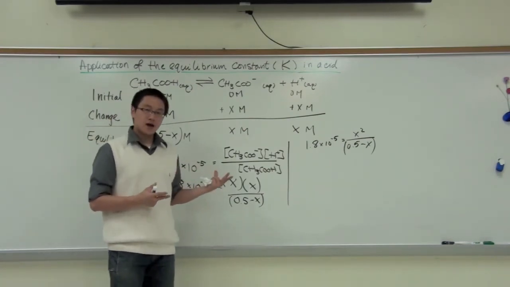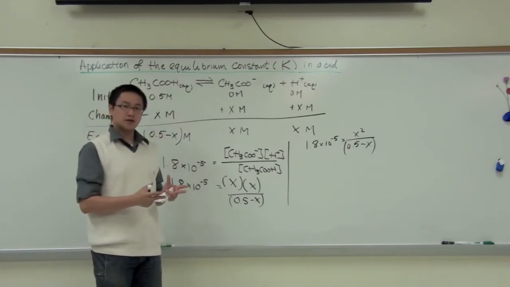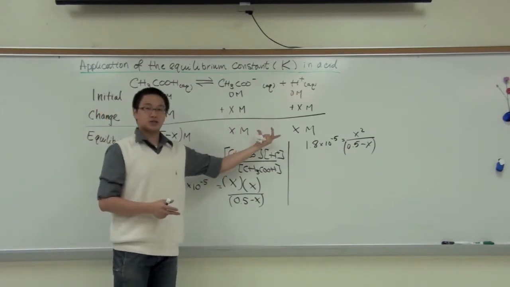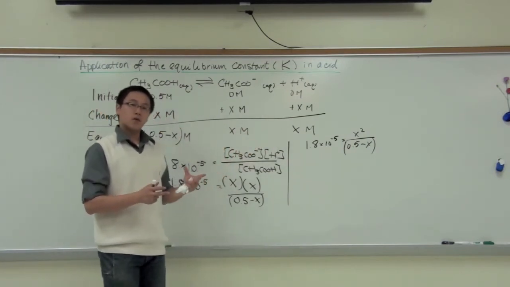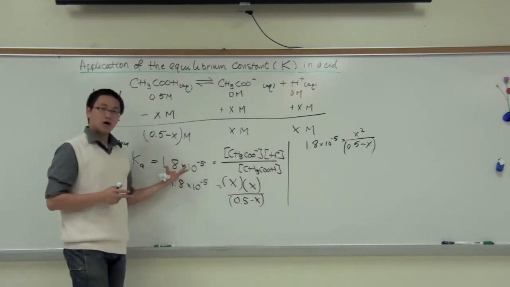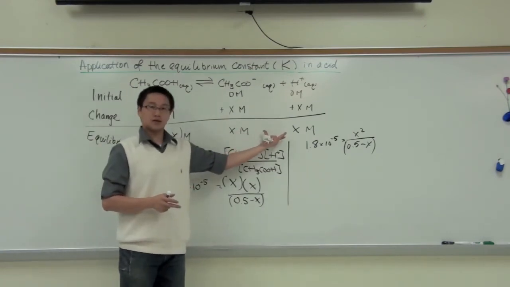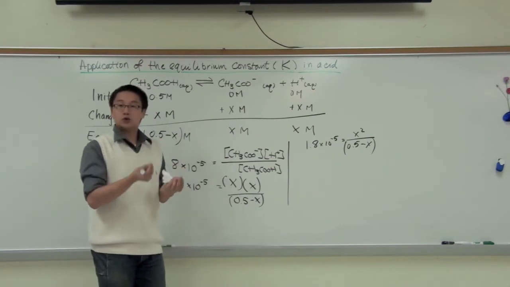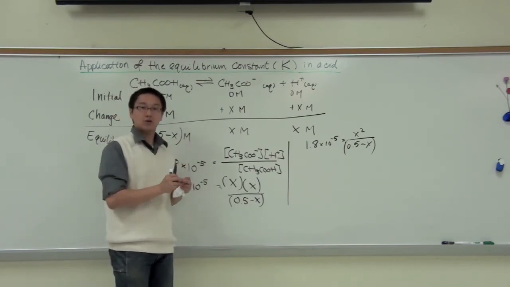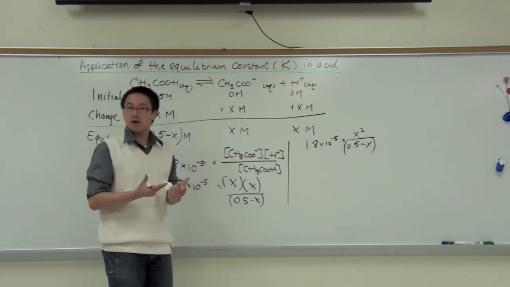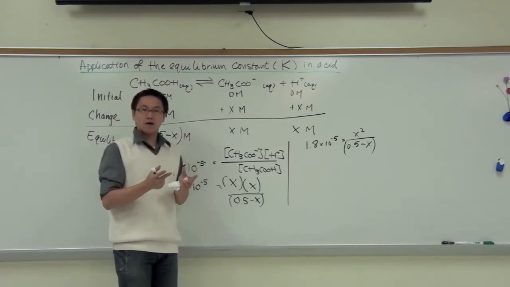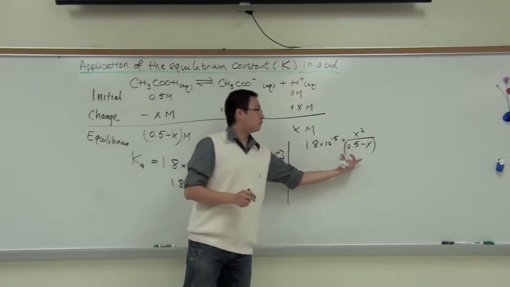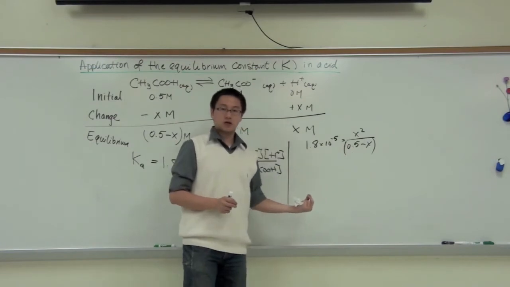And K is always product over the reactant, and in this case, we have the x in the product. Now, if K is small and x is on the product side, what we could assume is that the x value is going to be quite small. It is going to be small enough not to affect the difference of the subtraction.